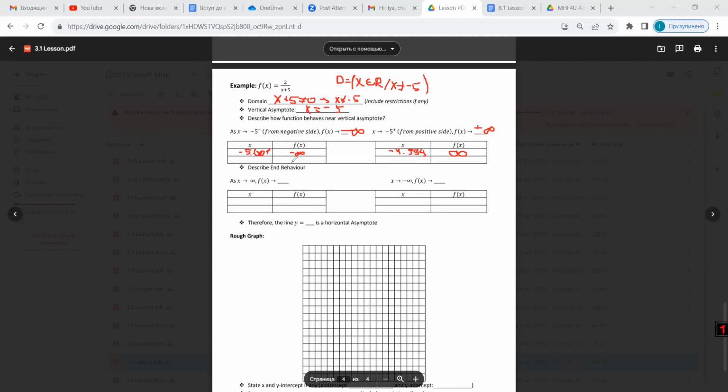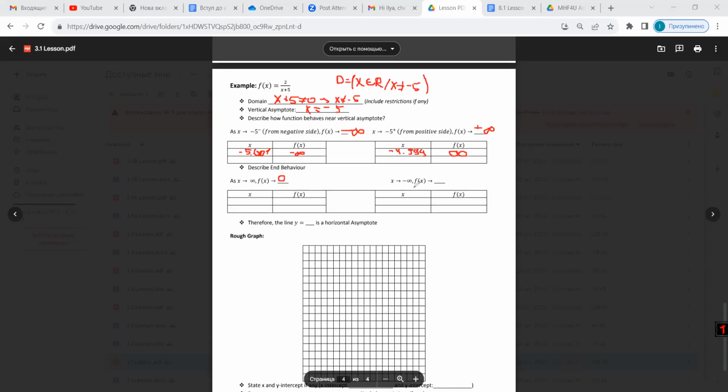Okay. Well, if we describe the end behavior for x travels to infinity, we're going to see that the function travels to 0, right?